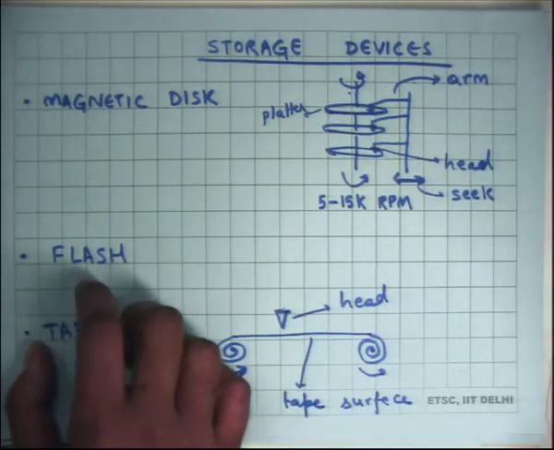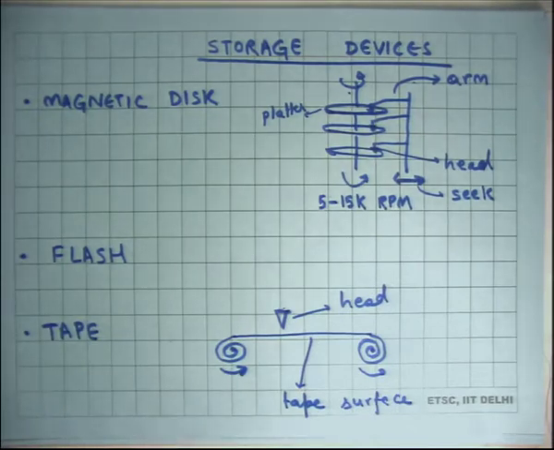There's another technology which is relatively more recent. It's called flash, which is available on phones, pen drives, etc. It doesn't have any moving parts. It's basically made of solid state, which means semiconductor, except that it's non-volatile. So unlike your DRAM, which is your main memory, this one is non-volatile, which means its state persists across power reboots, right?